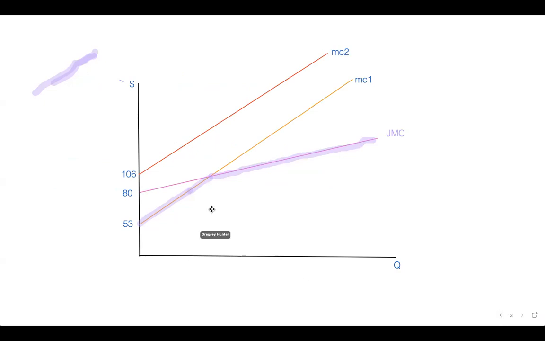When you're going to produce a sufficiently small quantity, and we could actually label this quantity here if we wanted to. It's going to be the intersection of these 2 lines. We know how to do that. It's like supply and demand. We could solve for it if we wanted to.